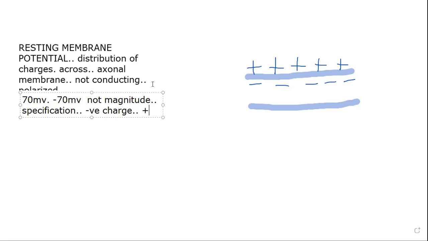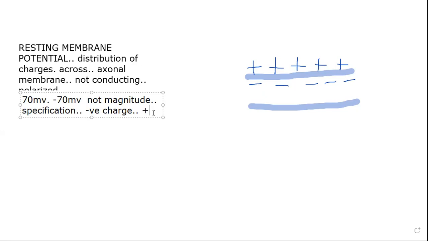Right. Now, here, what do we have? The next condition that I am going to tell you is the amount of voltage that is present across. This is the situation when the neuron is in a resting membrane potential. The conditions that will maintain this neuron in this non-conducting state are very, very important.